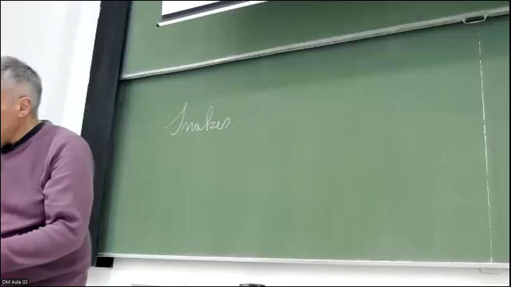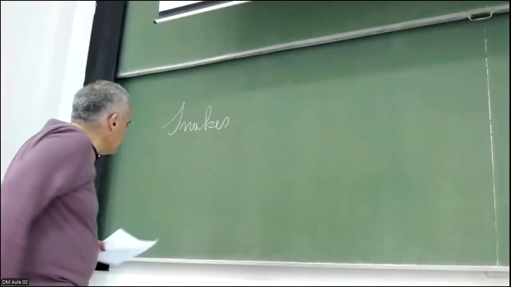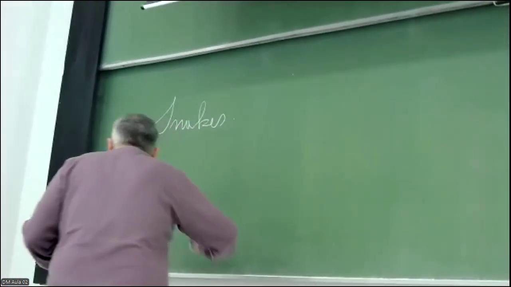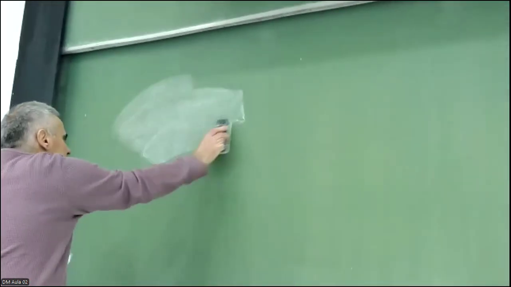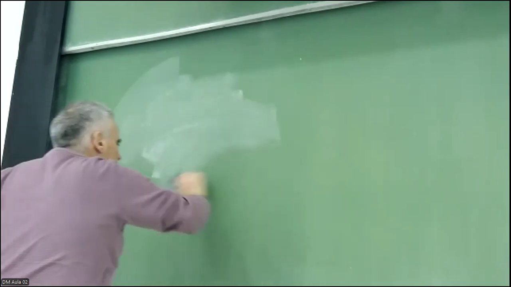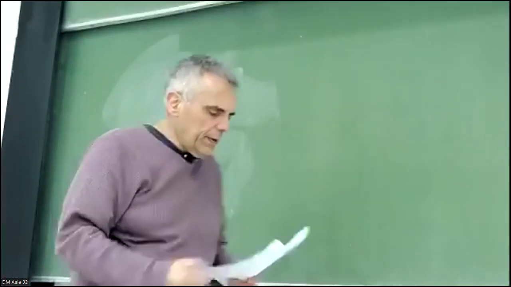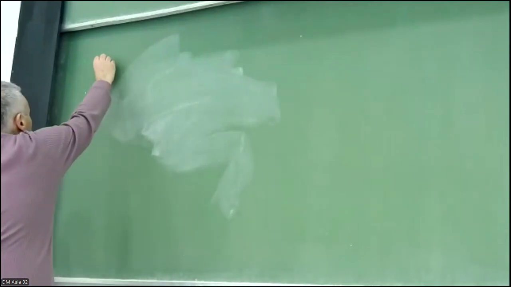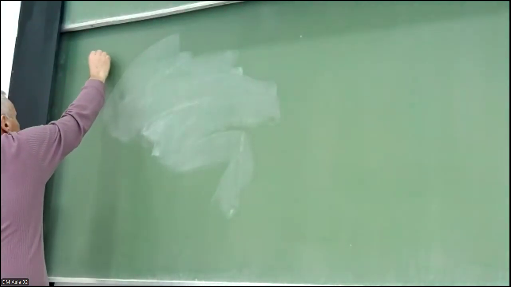Now, let me go to the blackboard. Last time we saw the general construction of a transformation groupoid of a semigroup acting on a space. And now I want to make a couple of concrete examples.